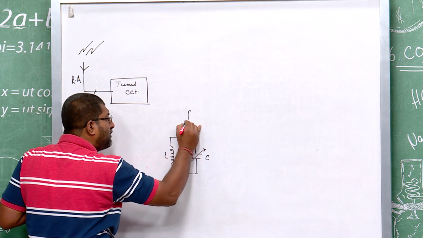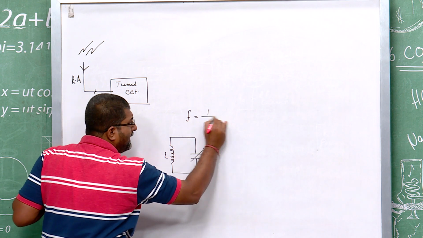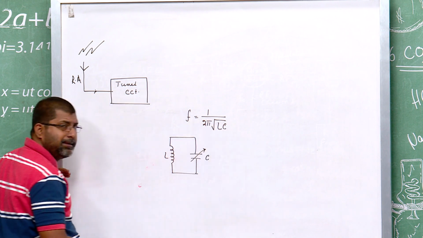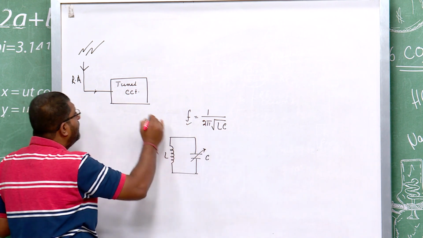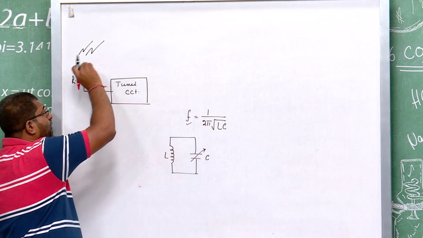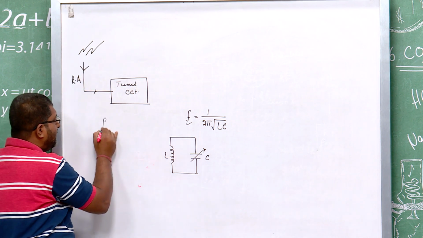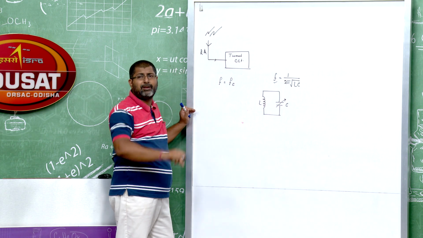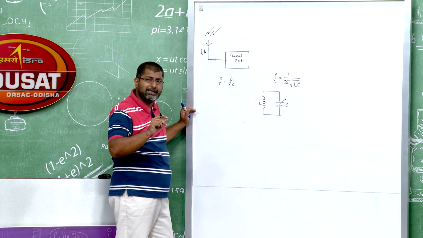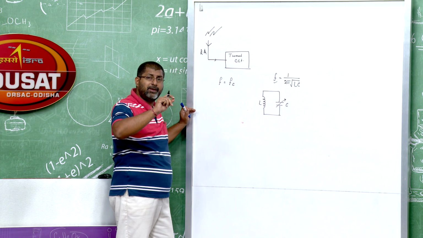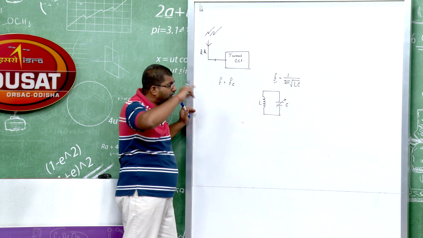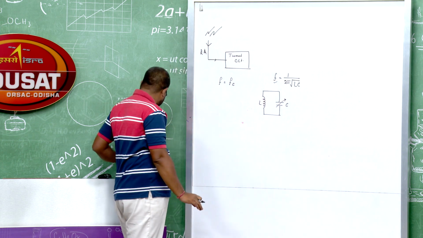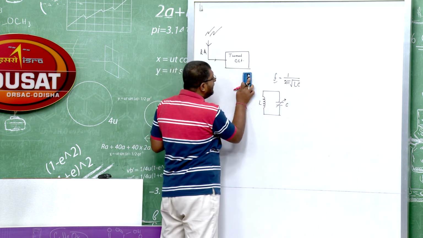We know that the natural frequency of an LC circuit is 1 by 2 pi square root of LC, and if this f becomes equal to the carrier frequency of a particular radio station, that station will be tuned.